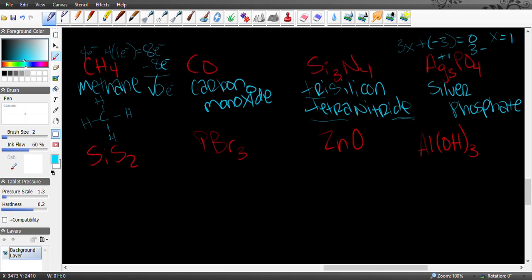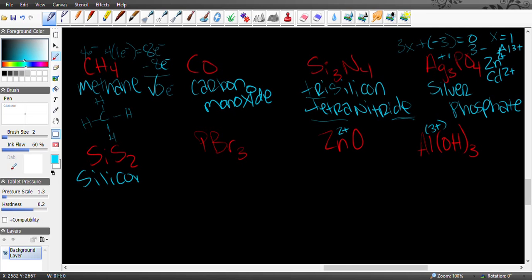Silver has a +1, Cd has +2, Zn has 2+, and Al 3+. So I'll go ahead and write that down here. Oh, look, 2+. Okay, so same thing.